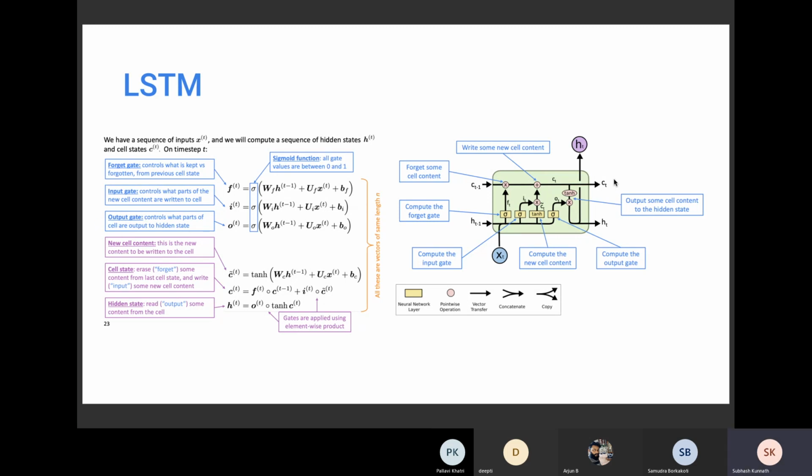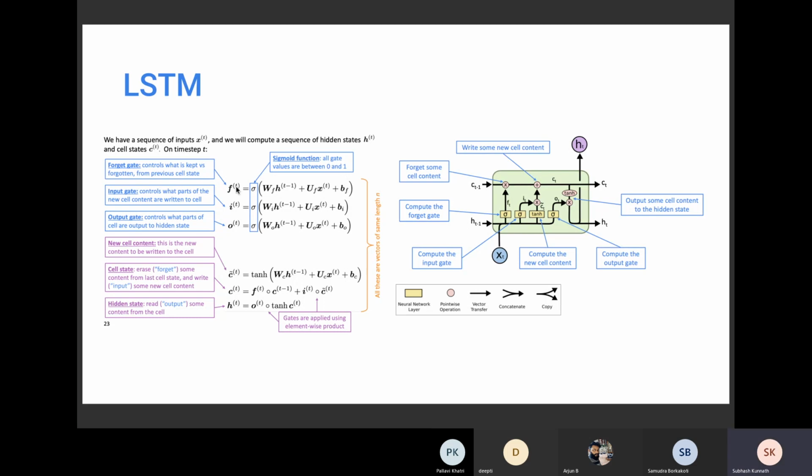And you have two states: CT is the cell state, HT is the hidden state. All these gates are a kind of neural network, with weight vectors as well as biases.